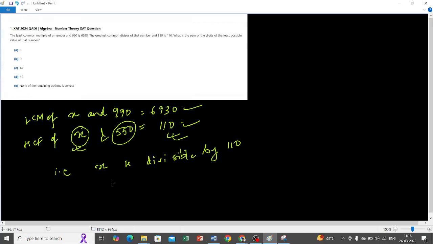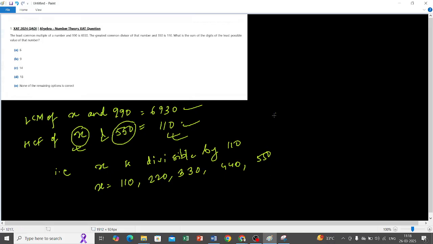Now you just find out what the number will be whose HCF with 550 is 110. So x can be 110, x can be 220, x can be 330, x can be 440, x can be 550.